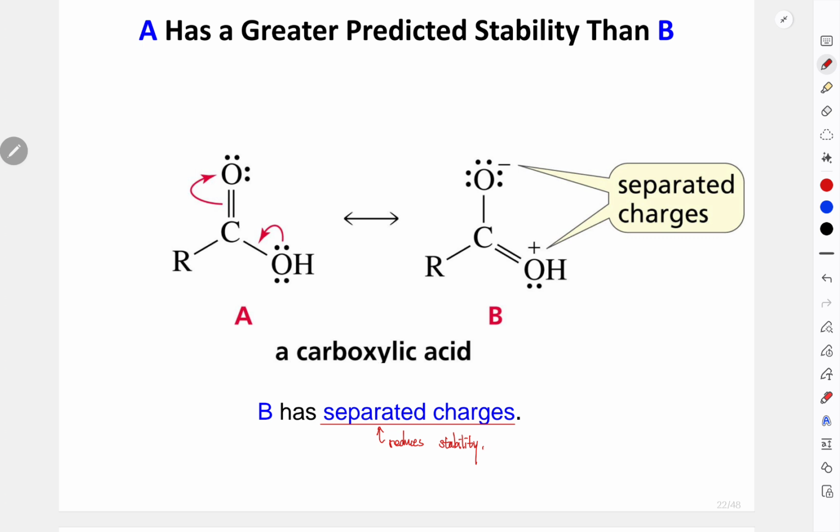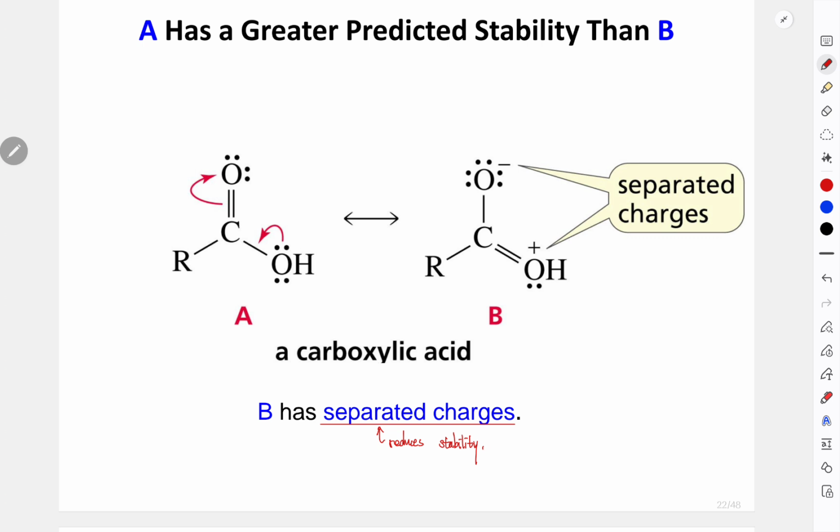But this one, A, has a higher contribution or greater stability because B in this case has separated charges, but A is neutral. So neutral is preferred over separated charge. That's one general trend.